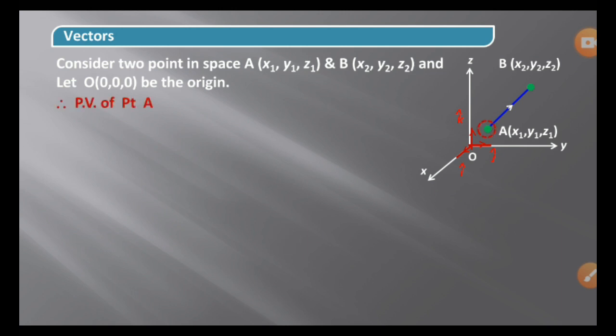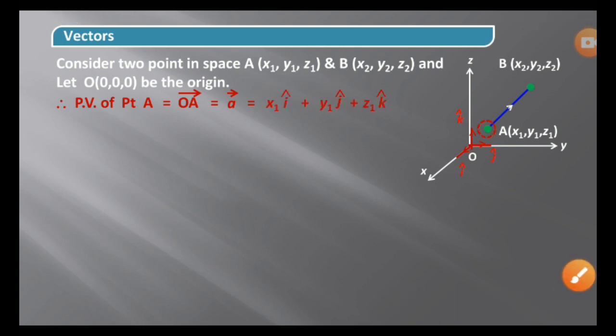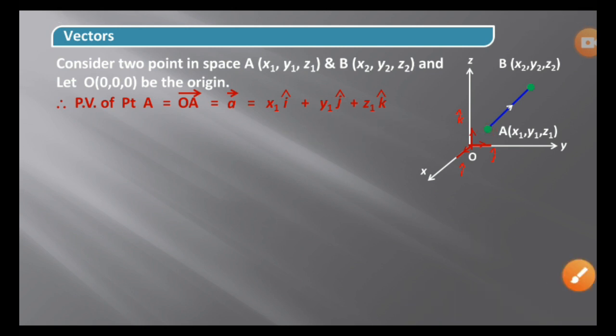Therefore, the position vector of a point A can be taken as OA vector, and we can denote it as small a vector. So we can write the position vector of the point by using the coordinates of A. Therefore, the position vector of the point A is x1i plus y1j plus z1k. Next, the position vector of the point B will be OB vector, which can be denoted as small b vector.